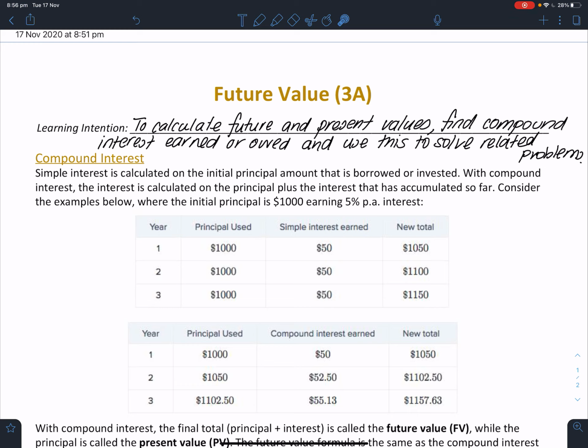Now with simple interest, that interest is calculated on what you initially borrowed. So I only have to pay $100 each year, because that's 10% of 1,000.